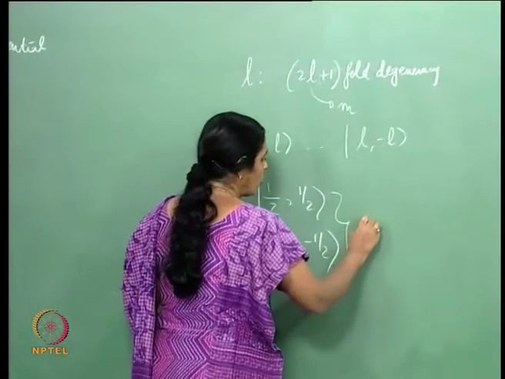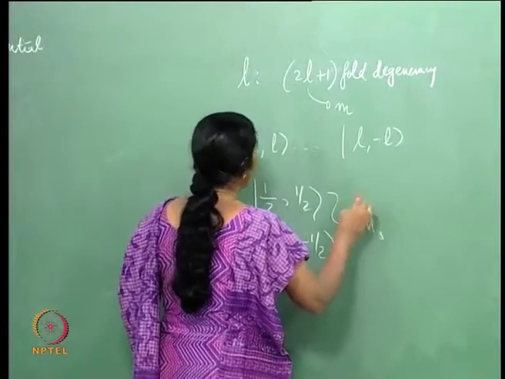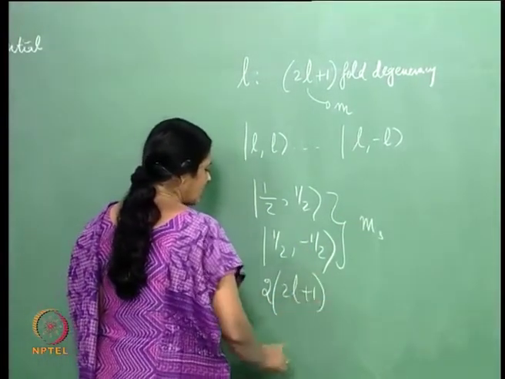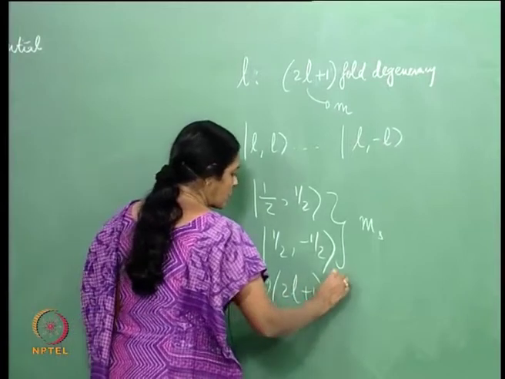So, there is a twofold degeneracy because of spin, and therefore the total degeneracy is twice (2L plus 1).